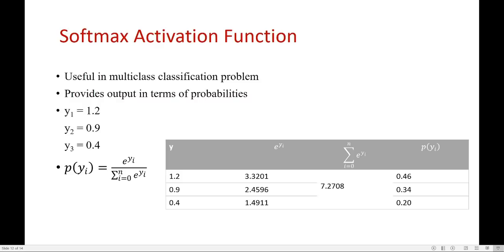Suppose the predicted y1, y2, y3 values are 1.2, 0.9 and 0.4 respectively, and we want the probability distribution for such values. Then we can use the softmax activation function.